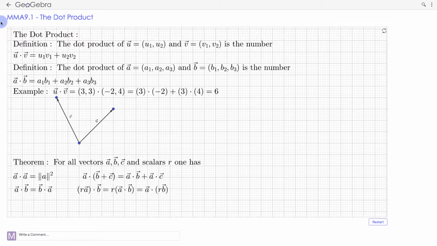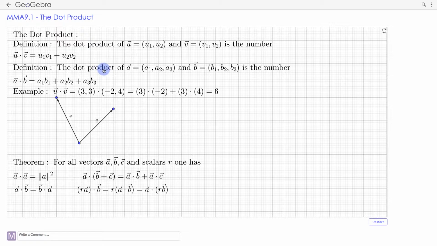The dot product between two vectors is a number. You take two vectors and the output is a number. If you have two-dimensional vectors, you take the first component of the first vector times the first component of the second vector, and then add the product of the second components.